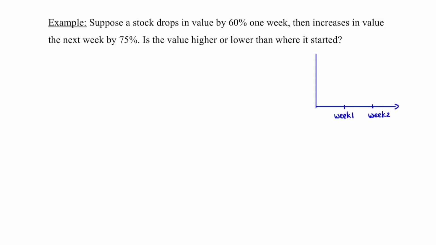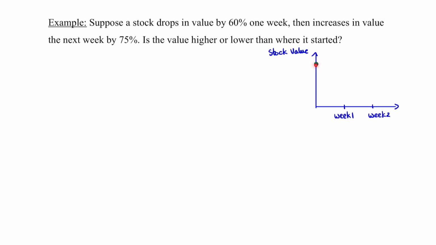For example, I have a stock, and this is the value of the stock in dollars. This is the time in weeks. So right now, my stock is right here. It doesn't tell me the value of my stock. It just says I have a stock with a value.